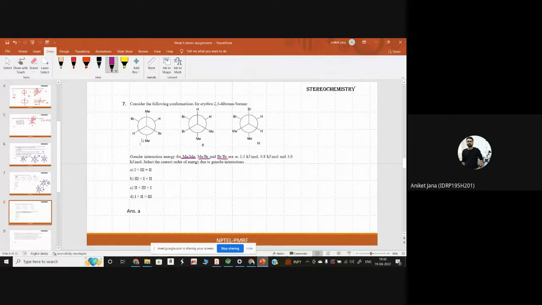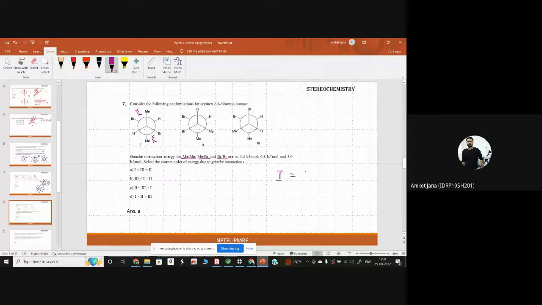Let's first consider structure 1, right? So here which interaction is this, between methyl and bromine? How many methyl-bromine interactions are there? 2.